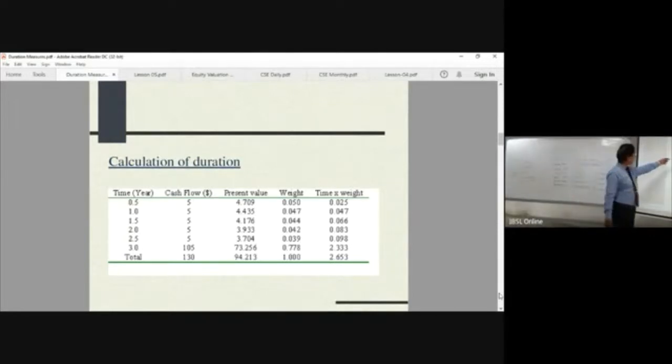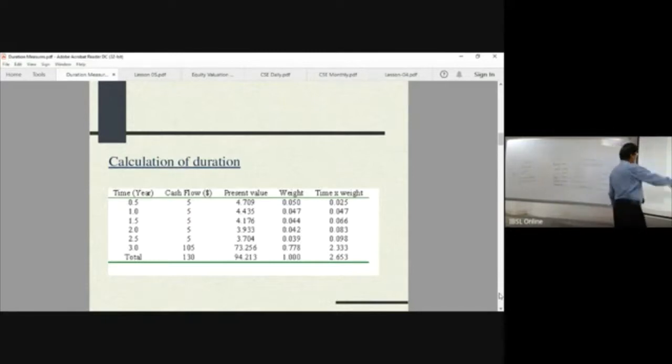Now the time is given in years. Now this is a half yearly coupon payment bond. Time, this is the first half year period, so therefore we put it as 0.5 year, 1 year, 1.5, 2, 2.5, 3. 3 is the number of years of the bond's tenor.